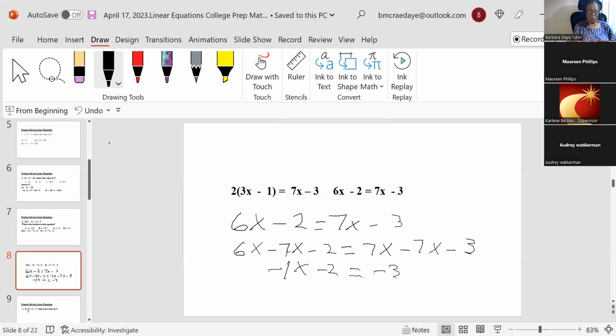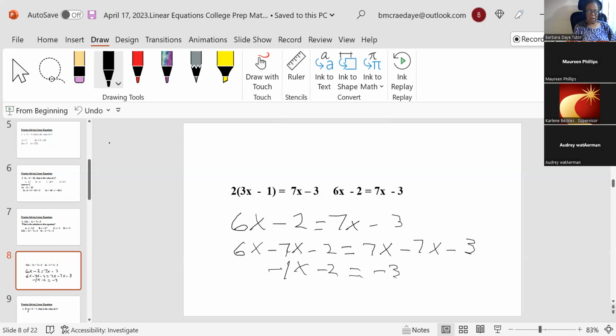You're right, but what do you add? That's -1x minus 2 equals -3. So what do we add?